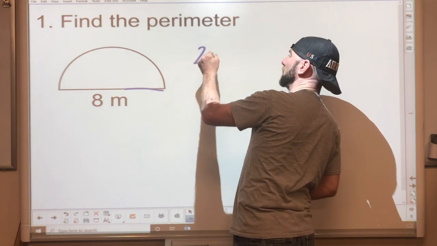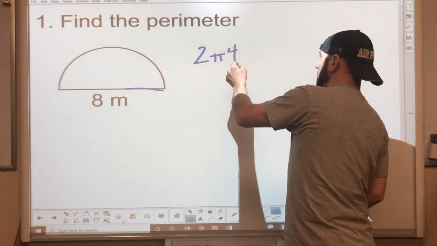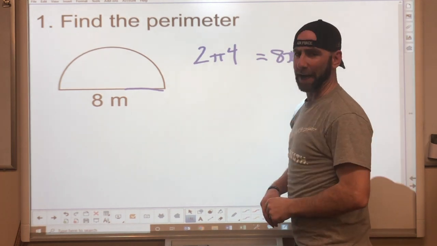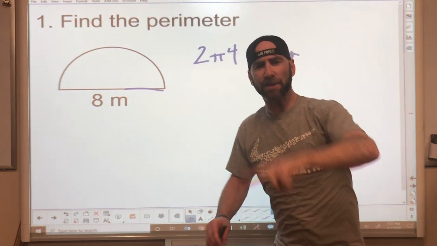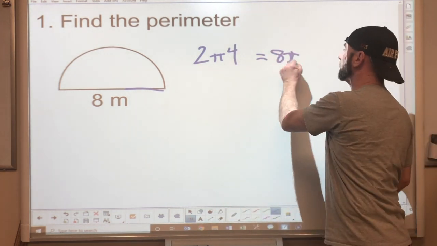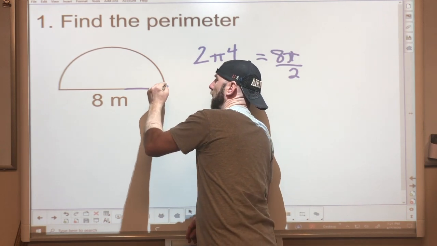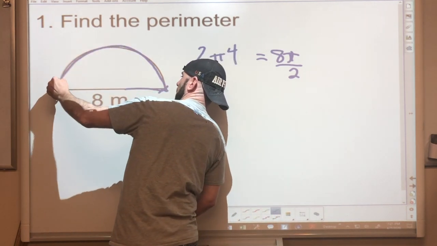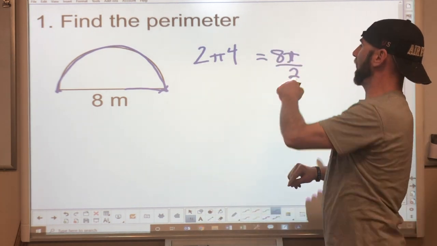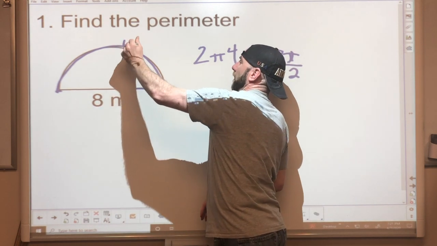So 2 times pi times 4 is going to give us a circumference of 8 pi. However, that would be the entire circle. We want just half the circle. So take this and divide that by 2. So from here all the way down over there across to there is 4 pi. 8 pi divided by 2 is 4 pi.